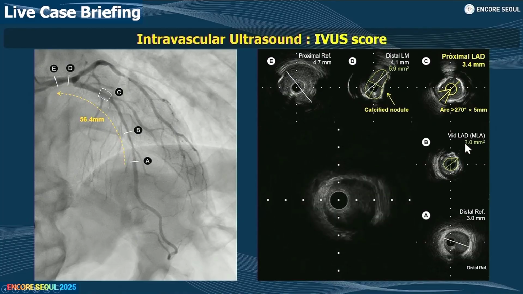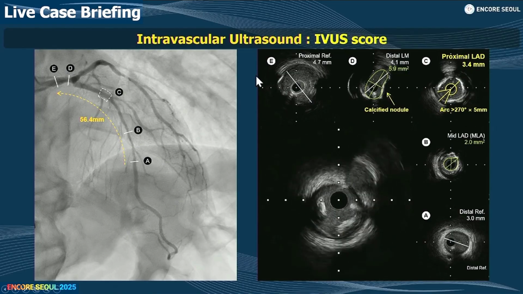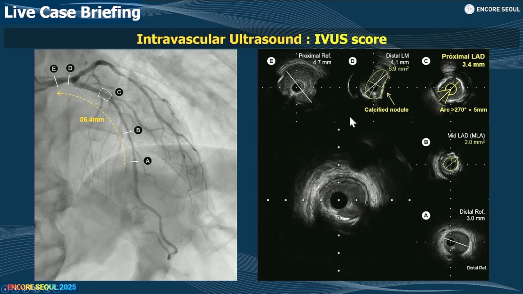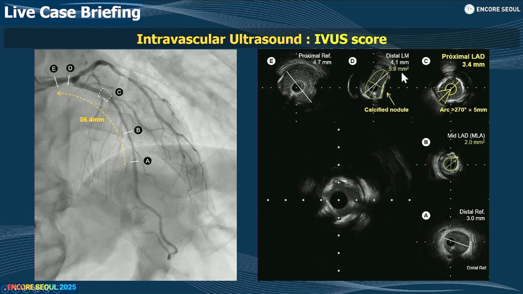At point C, there's heavy calcification. The arc is greater than 270 degrees, and length is at least 5 millimeters. At point D, you can see the calcified plaque, and the lumen area is 5.9. So we are going to place a stent from the distal left main to the mid LAD after IVL.